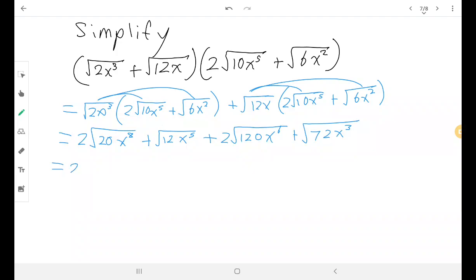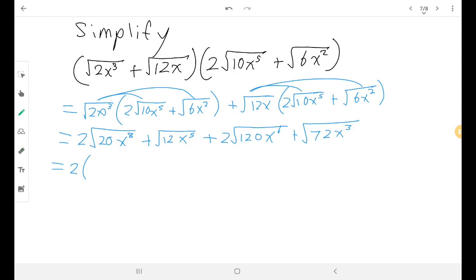So then let's start trying to figure some of this stuff out, break it down even more. So we've got 2 times the square root of 20. Let's break down 20 and see what we have there. That's 2 times 10, which is 2 times 5. So that's 2 squared times 5, right? So I'm going to break that down in here.